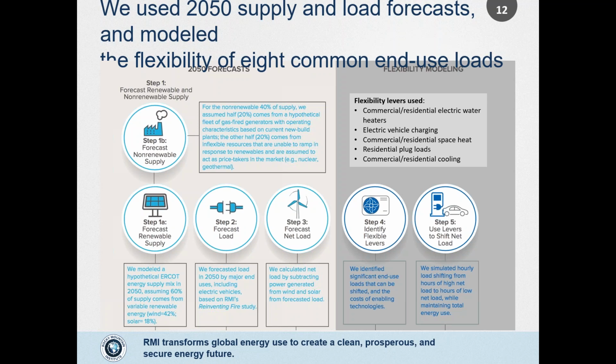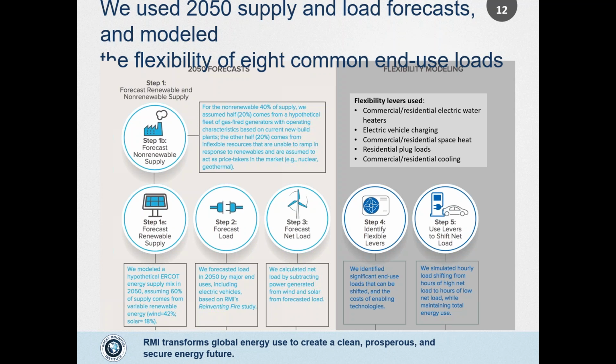So we first assessed the potential for flexibility in 8 residential and commercial end-use loads. These loads don't necessarily need to be continuously running to meet customer needs, which is an important aspect.